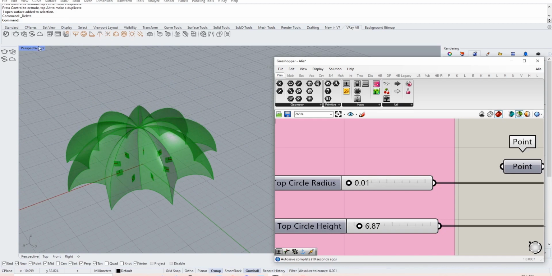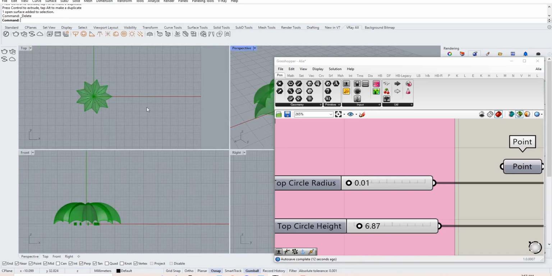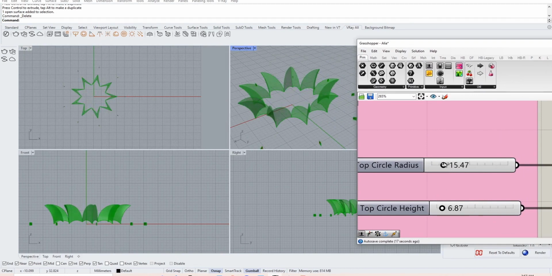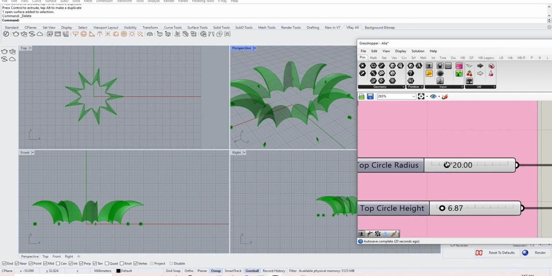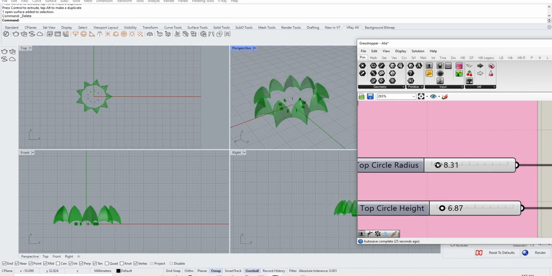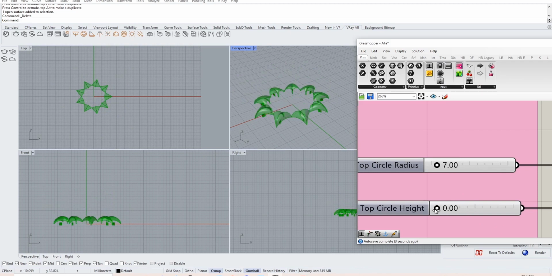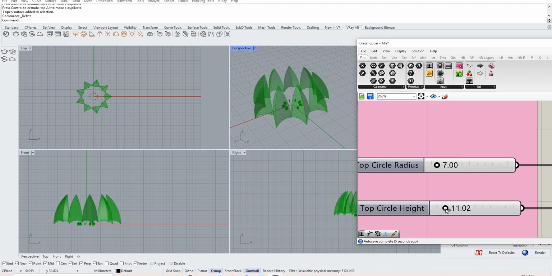Especially if you look at the top view, we can make them close, and we can also make them open back up again, which is like a flower that resonates with the original concept of the building, which I find really exciting. And also you can play a bit with the height. You can either make it go down or go up.